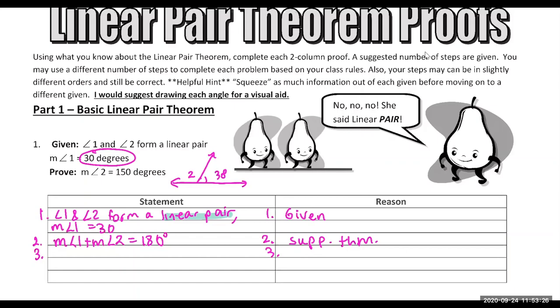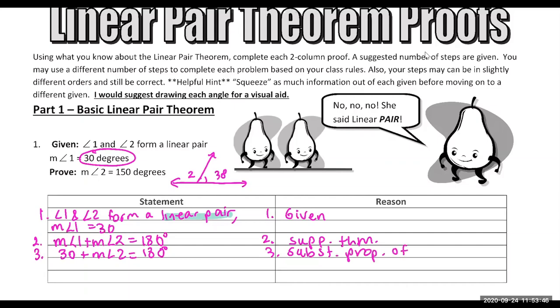How might you use the fact that the measure of angle 1 is 30 degrees? Substitution? Yep, that's it. Find the measure of angle 1 and plug 30 degrees in. Substitution.